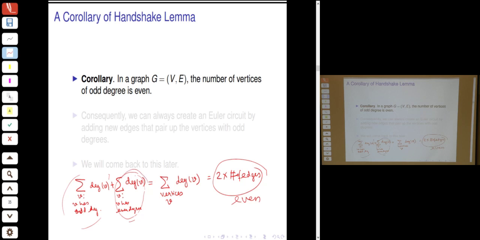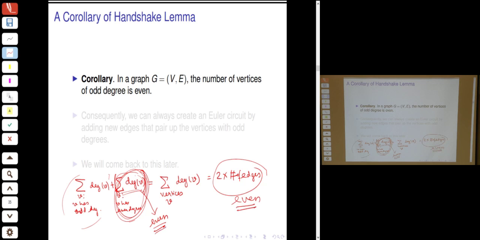Let us look at this one: the sum of degree v over vertices v which are of even degree. If vertex v has even degree and we are only counting vertices which satisfy the even degree condition in this sum, then you are adding up a bunch of even numbers inside this bracket. A sum of a bunch of even numbers is always an even number. So this is also even, right.